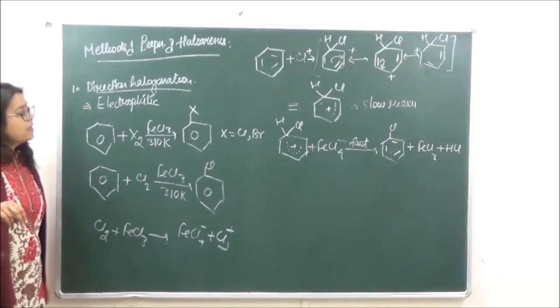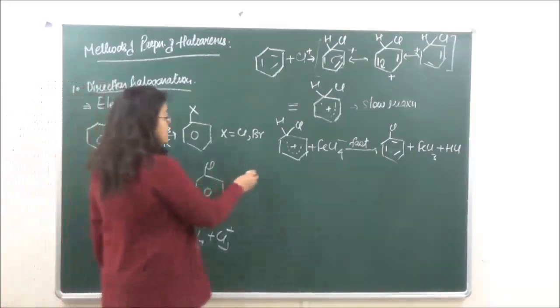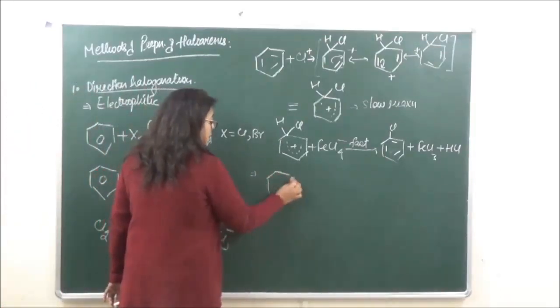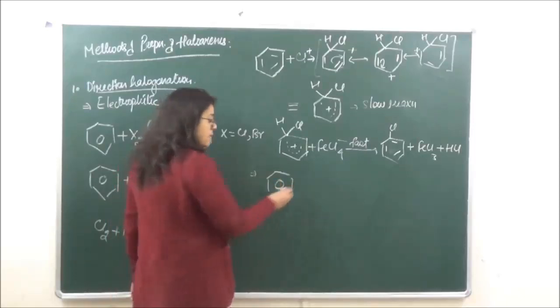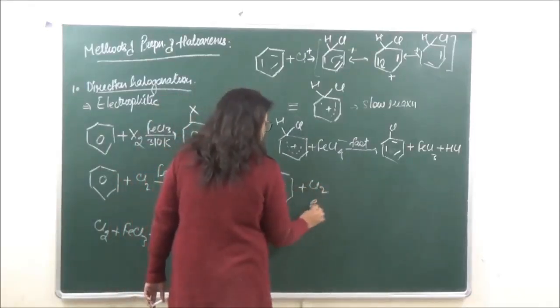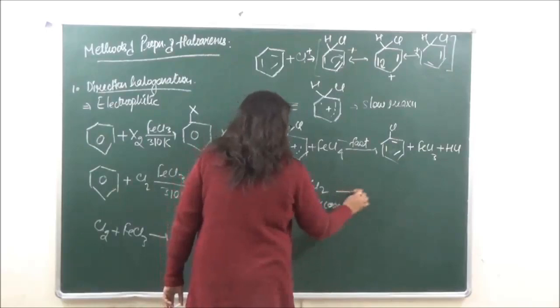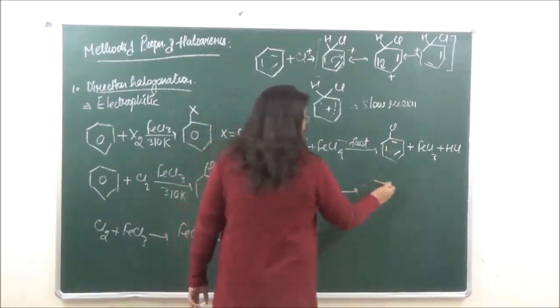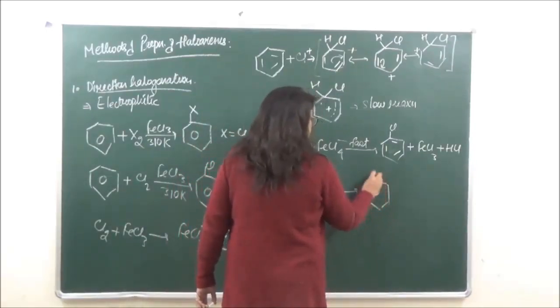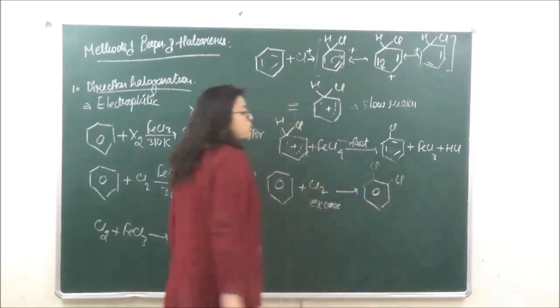Now if we are taking the halogen in excess, so let's say that we are taking benzene plus we are taking chlorine over here, and the chlorine which we are taking is in excess. So in that case we will get a di-substituted product.